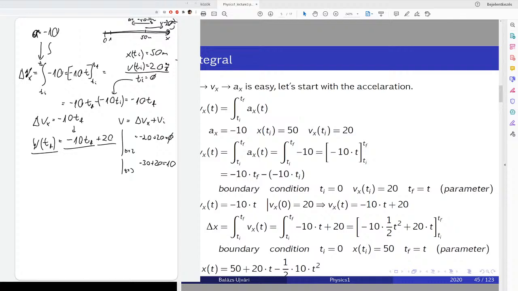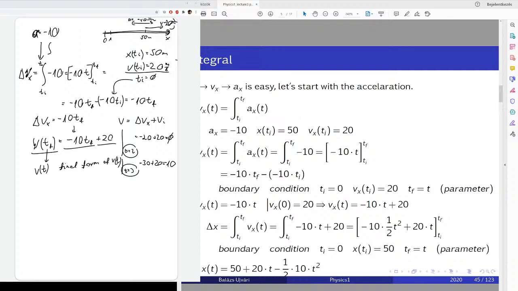Let's just say I want to know the speed at any t. So let's replace the t final with t. This is the final form of the vt.